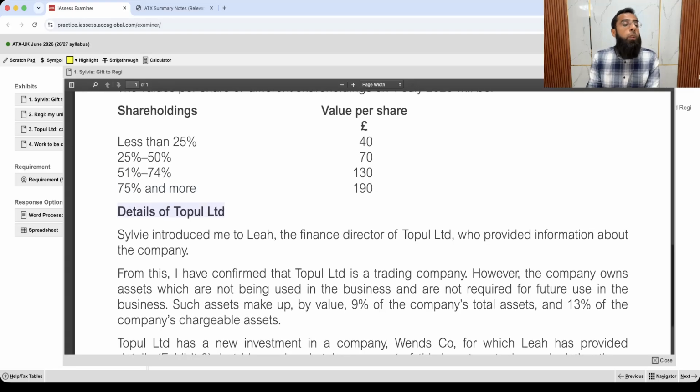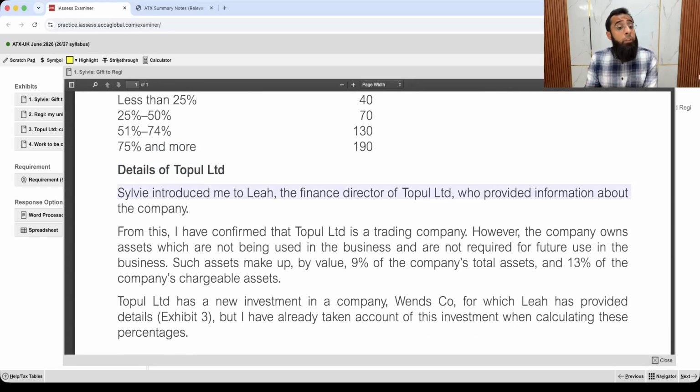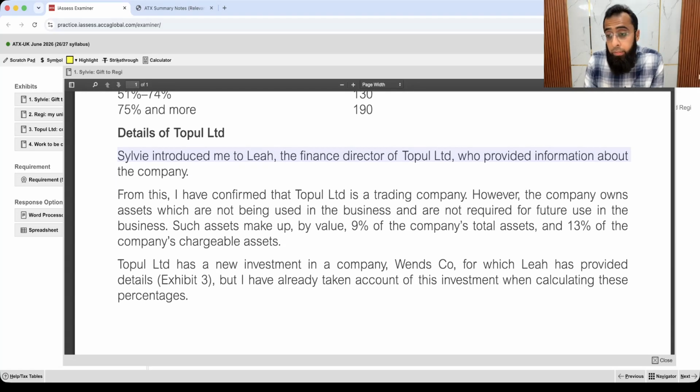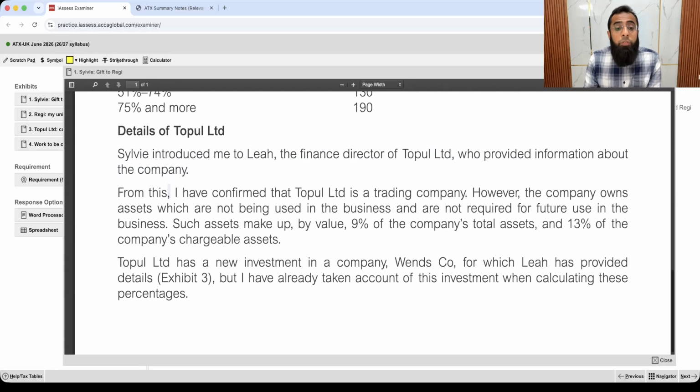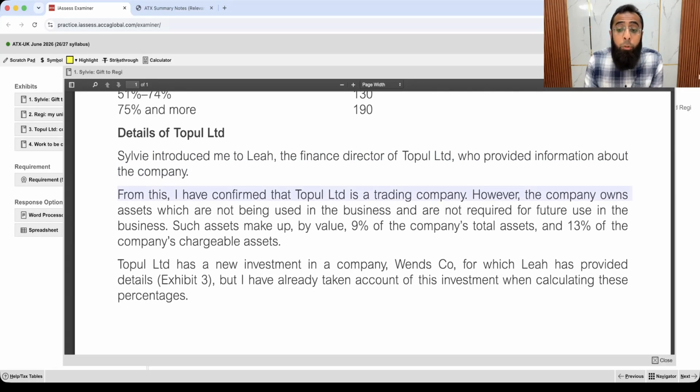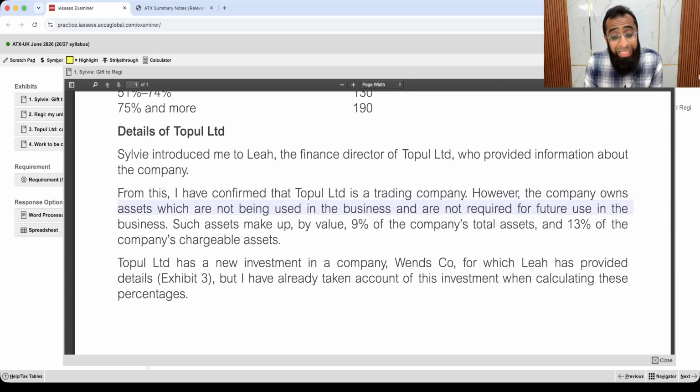Details of Topul Limited. Sylvie introduced me to Lee, the finance director of Topul Limited, who provided information about the company. From this, I have confirmed that Topul Limited is a trading company. However, the company owns assets which are not being used in the business and are not required for future use, which we call non-business assets or excepted assets.